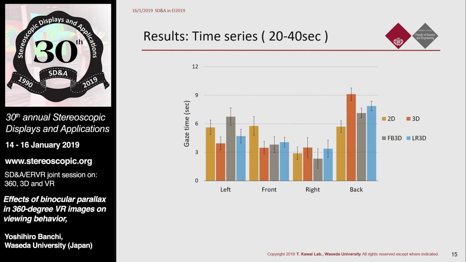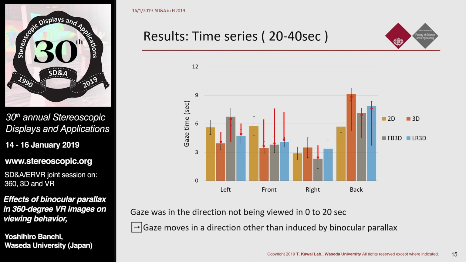Next, this is average of the gaze time in each direction from 20 to 40 seconds. From this graph, it seemed that the gaze was stayed in the direction not being viewed in 0 to 20 seconds. Now this is 0 to 20 seconds, and this is 20 to 40 seconds.